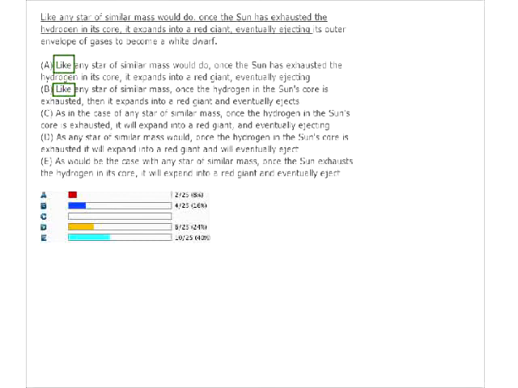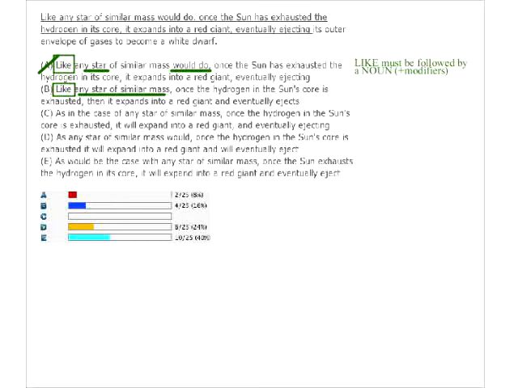So like must be followed by a noun, perhaps a noun plus modifiers, but definitely a noun. So the problem is that any star of similar mass would do is not a noun, that's a clause, that's a subject and a verb. So this is not okay.